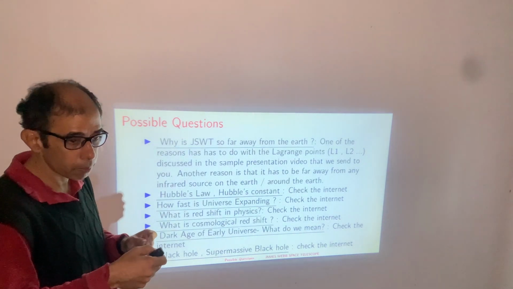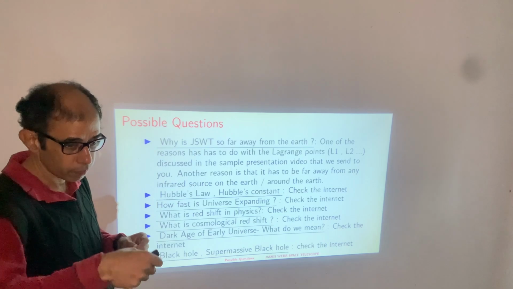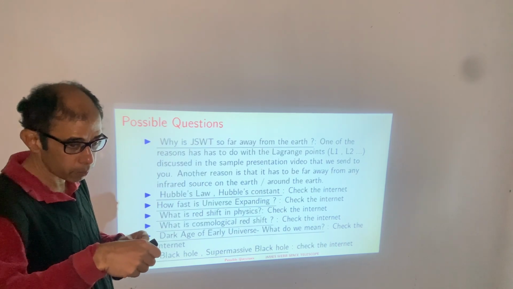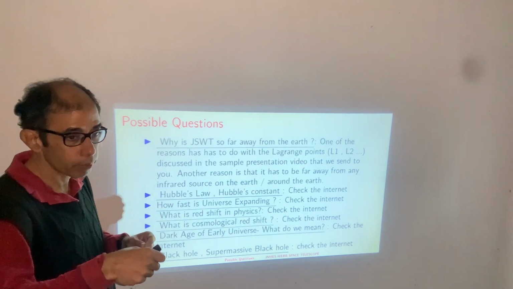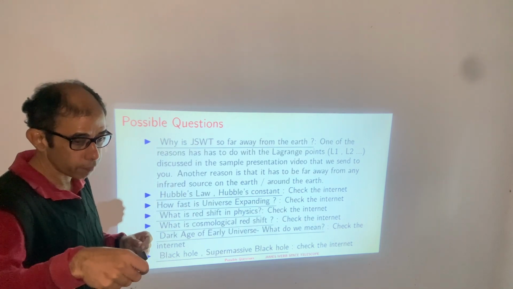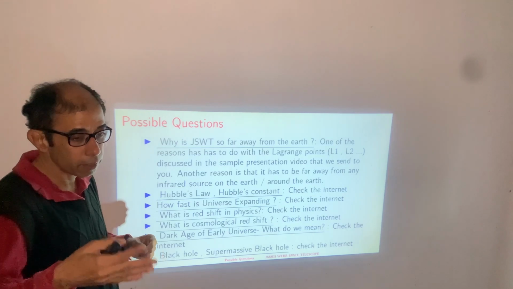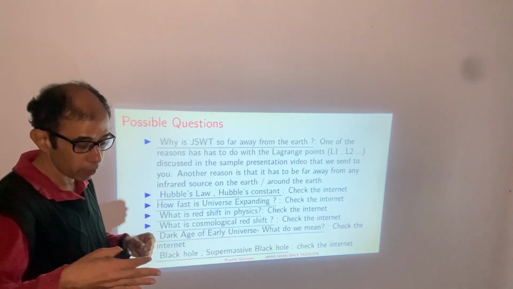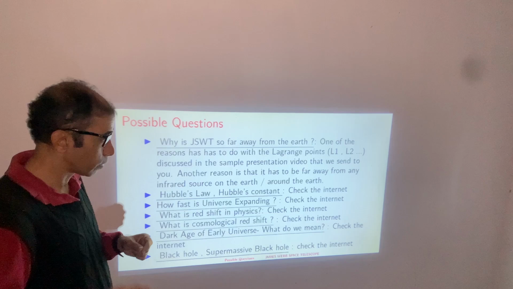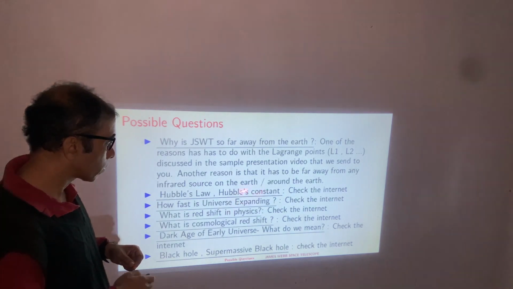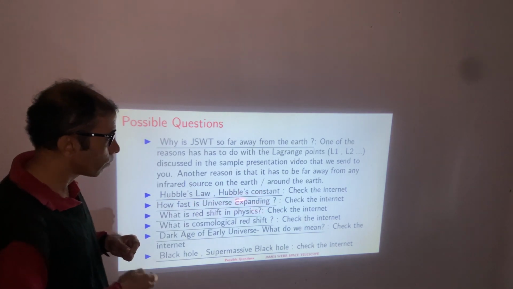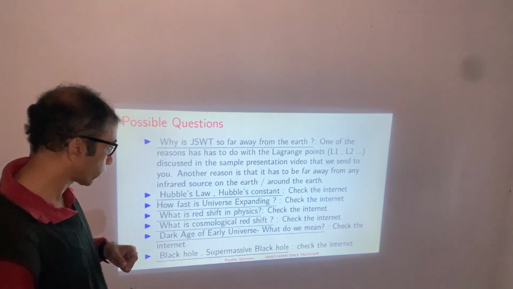If the distance is 1 megaparsec, then they are moving away from one another at 70 km per second. But if the point is further away, then it is moving away at a greater velocity. So Hubble's constant gives you the rate of the expanding universe.